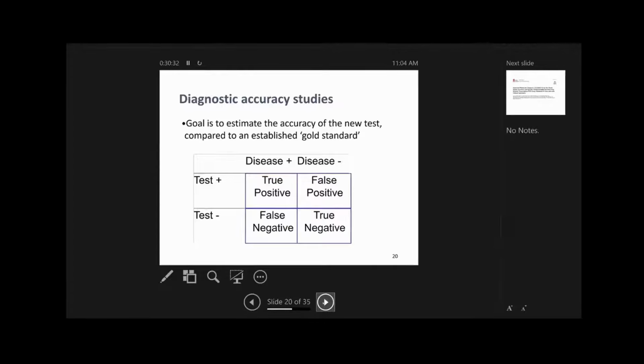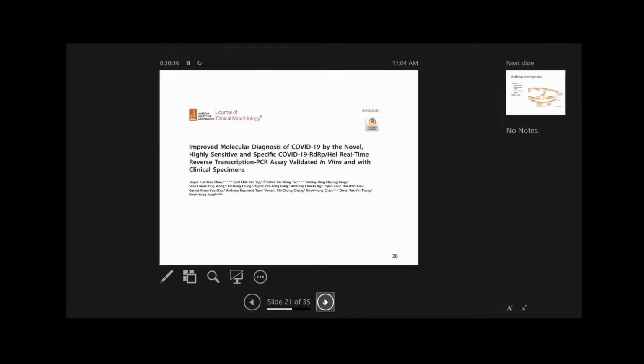Lots of interesting diagnostic accuracy studies are being published for COVID right now. Here is an example: a molecular test using a highly sensitive and specific real-time PCR validated in clinical specimens. Tons of these studies are now coming out. My team works a lot with diagnostics, so this is bread and butter for us. We constantly look at diagnostic accuracy studies.